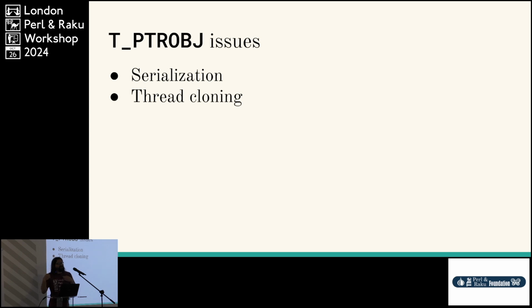Because it turns out pointer objects serialize in the worst way. If you put this in Storable and then load it back later, then that pointer is pointing to garbage, and your program is probably going to segfault. You should probably not put XS objects through Storable anyway, but people do.